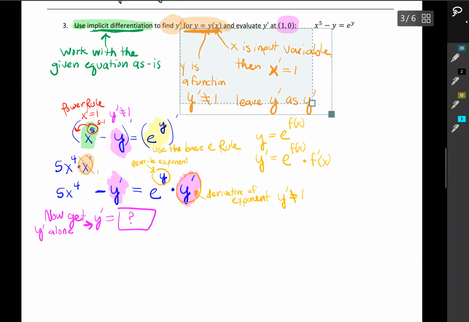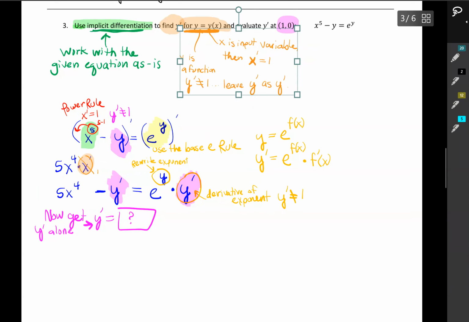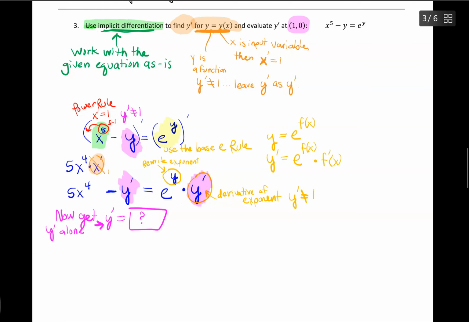We're going to have to get the y primes on the same side of the equation, and then we'll isolate it. So what do I mean by that? I'm going to put a little note: get y primes on same side of the equation.